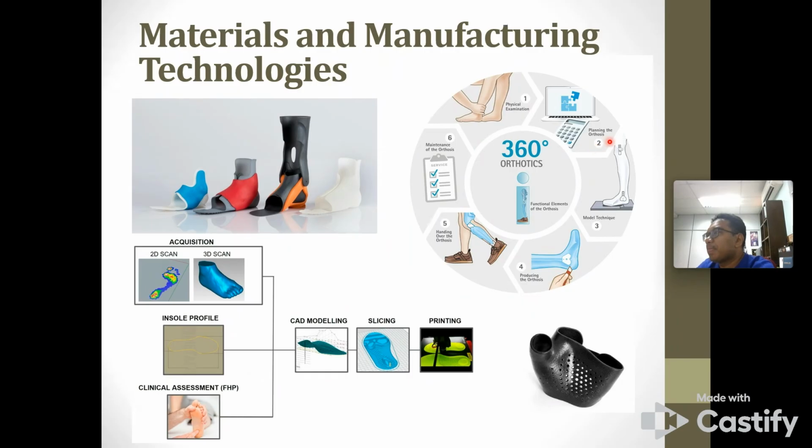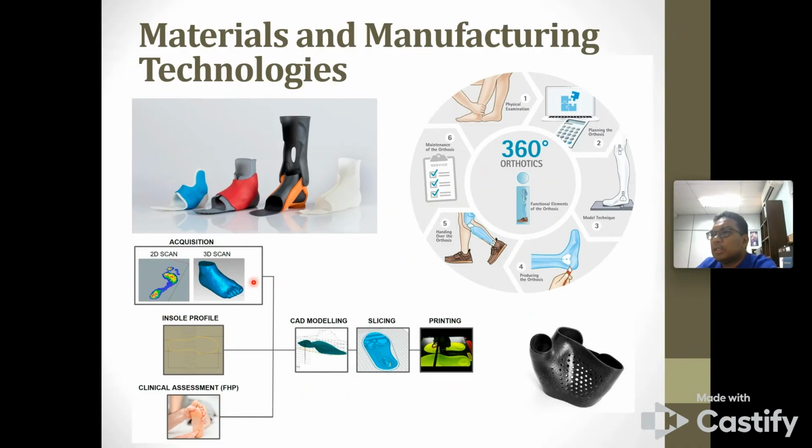Then you can have a model technique to measure the force, whatever parameters are needed for the design, and then you can start producing. That means you can use the 3D printer to produce the material, then test it, and finally you can see the results. So this is the general methodology.